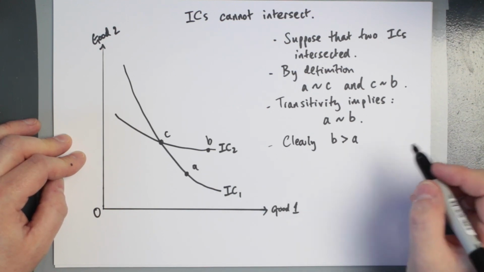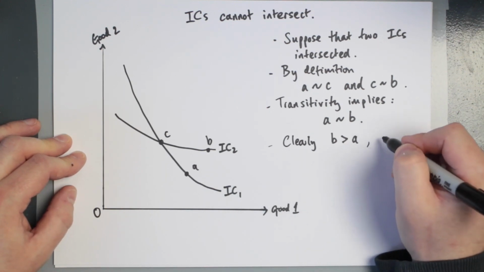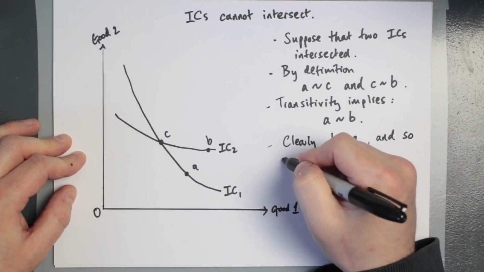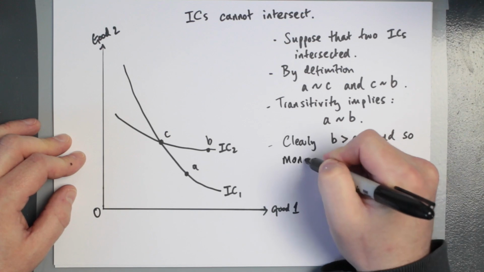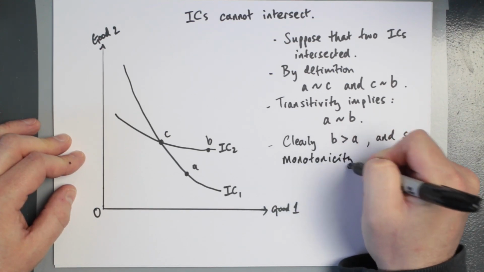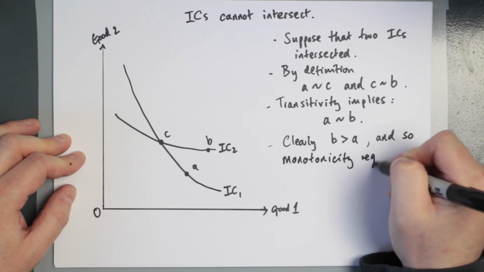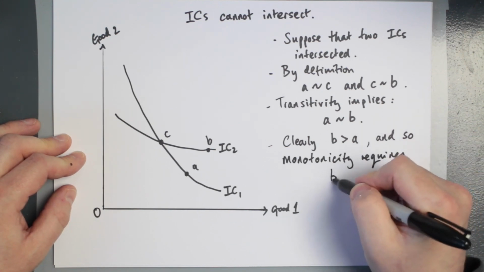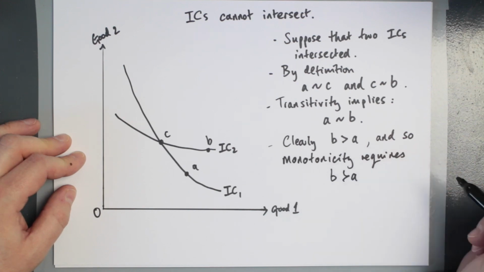It's strictly larger. Okay, and so what do we know? Monotonicity, our third axiom, requires that our consumer strictly prefers B to A. Okay?